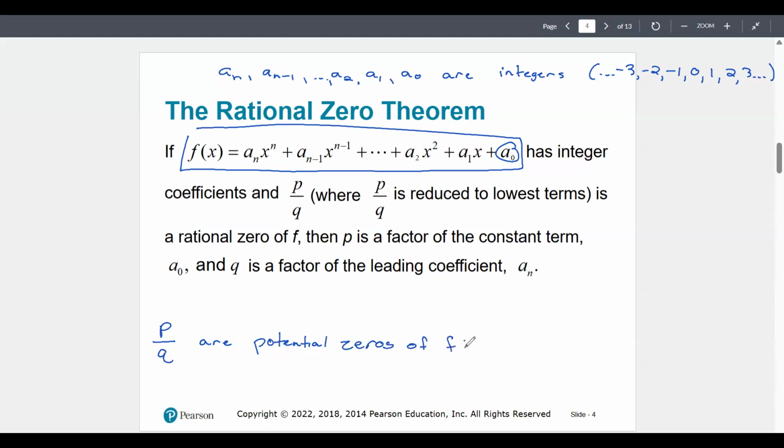It might be that it's not going to work at all, but these are potential zeros of f(x). And we know that P over Q is going to be factors of the constant term over factors of your leading term.